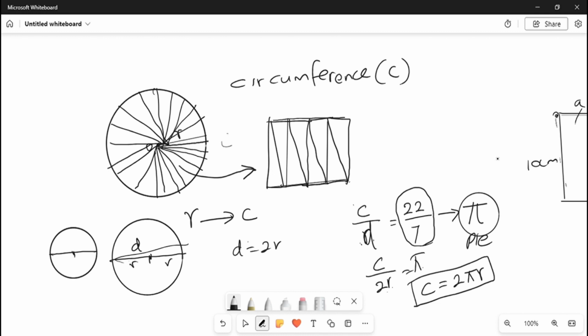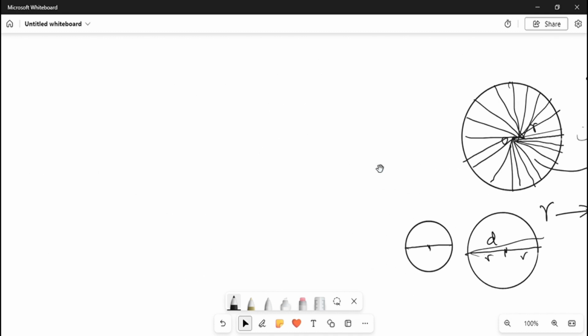Cross multiplication gives the standard formula, C equals 2 pi r. So this is the formula we are using to find the circumference of a circle. So hereafter we are using this formula to find the circumference of the circle. So now look at the example.